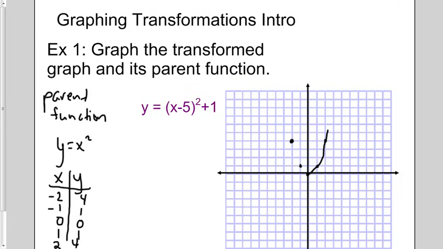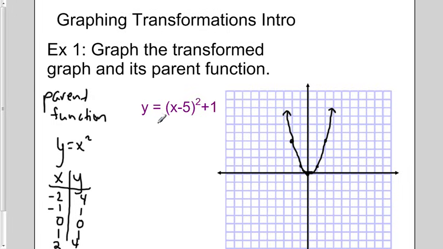Let's fix that. Okay, let's try that again. Much better. So there's one side of the parabola. Here's the other side of the parabola, which is less pretty than the right side, but we'll go with it. So there's our y equals x squared graph.